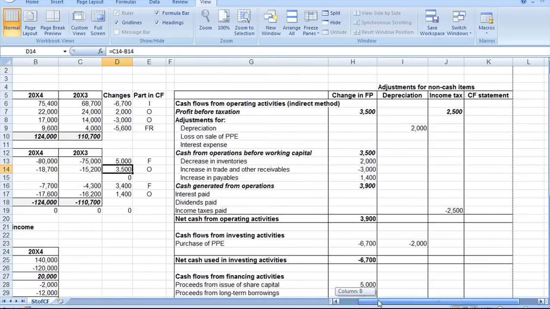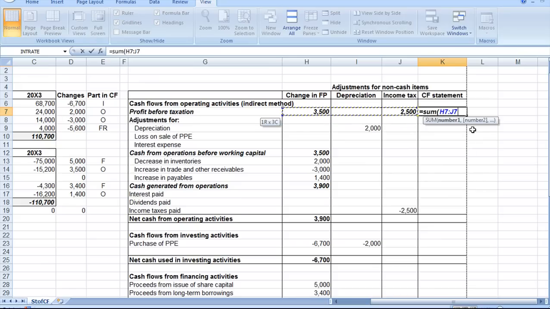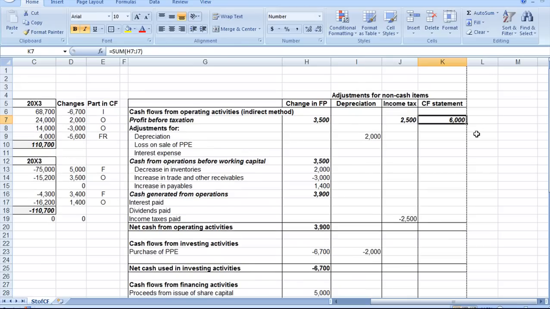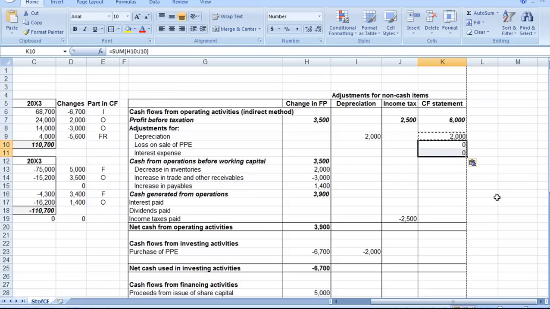Now, after all this work, we can finally see the end of the road. We just add all numbers together and do the final checks. The last column in the statement of cash flows will be the statement itself. It is the sum of changes in the statement of financial position, in the first column, in all adjustments.